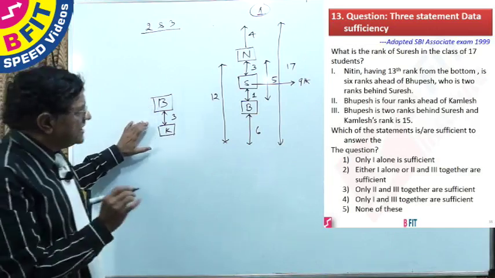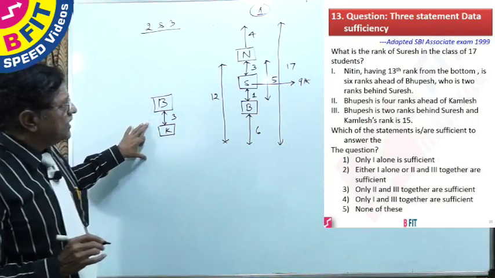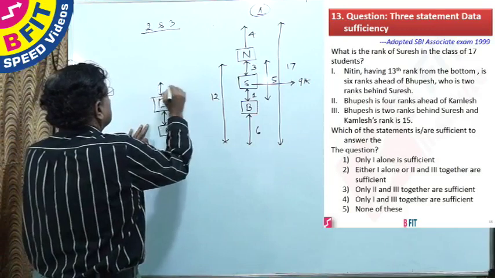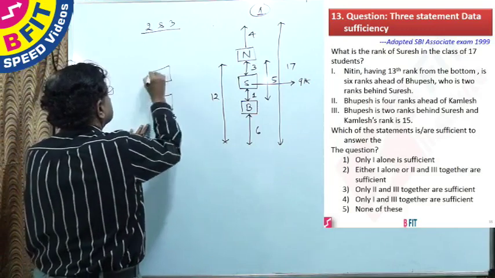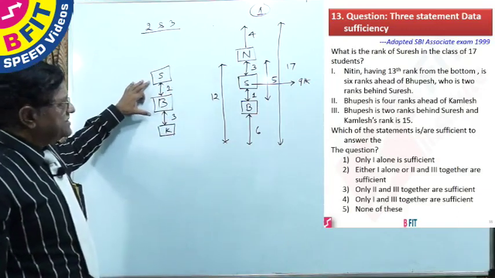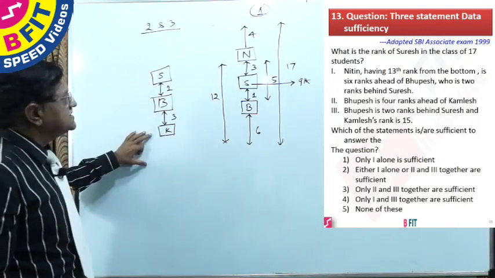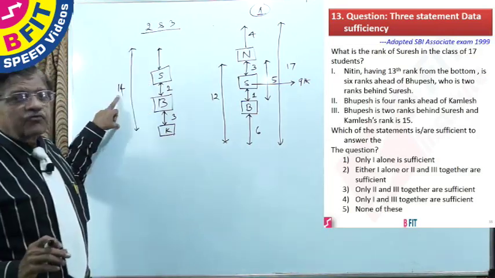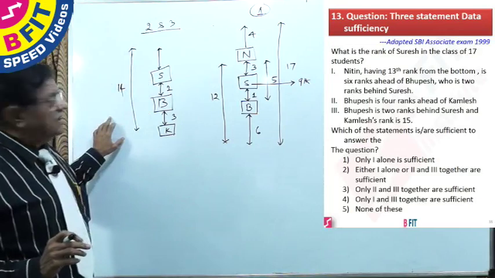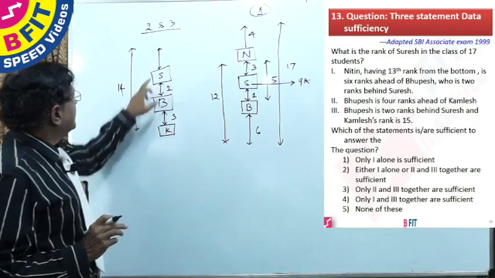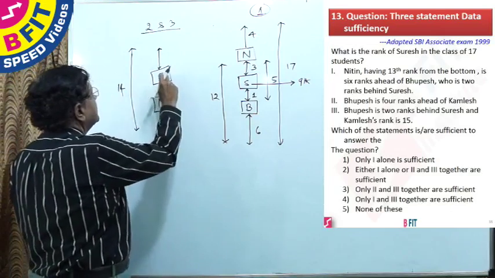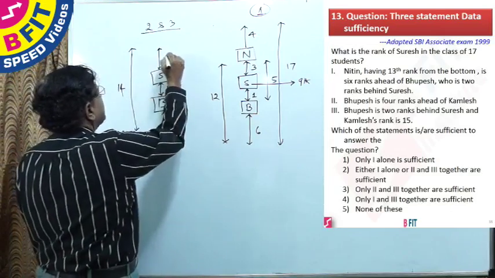What is statement 3? Bhupesh is 2 ranks behind Suresh. That means between Bhupesh and Suresh there is 1 person, and Kamalesh's rank is 15th. There are 14 persons above Kamalesh. That means how many persons are above Suresh? 3 plus 1, 4 plus 1, 5 plus 1, 6. 14 minus 6 is 8.